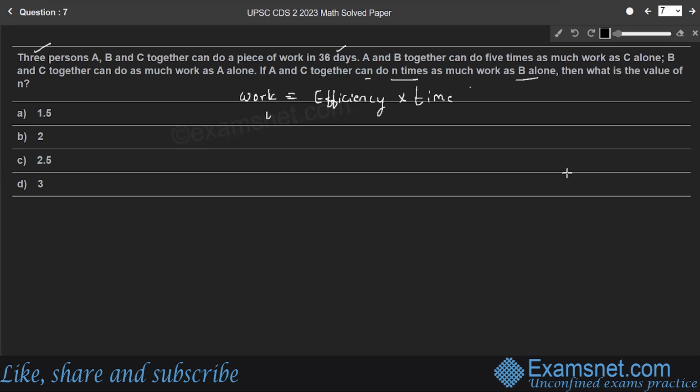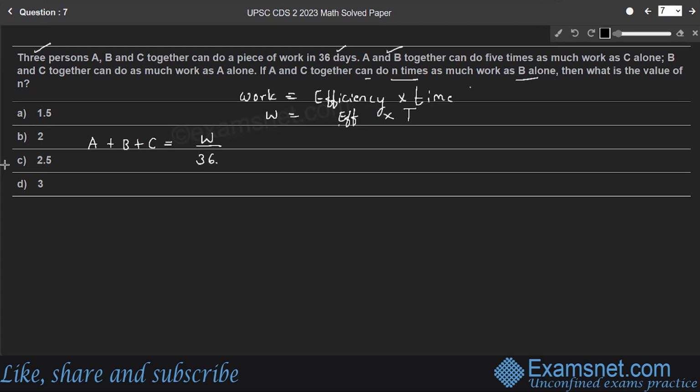If you consider W as the total work, E as the efficiency, or work done in unit time, or 1 day work, into time T. So A, B, C together means A plus B plus C, they can work in 36 days. Total work is efficiency of A, B, C together into 36 days. Therefore, we can say A plus B plus C, their efficiency is equal to total work by 36 days.